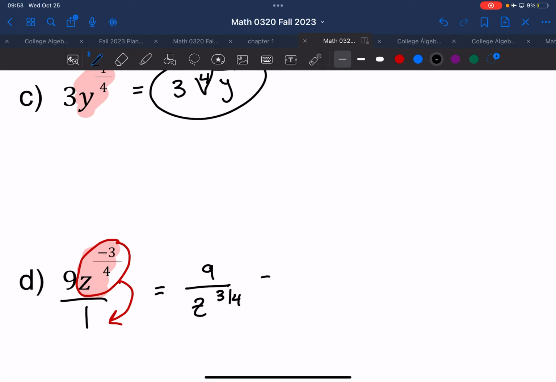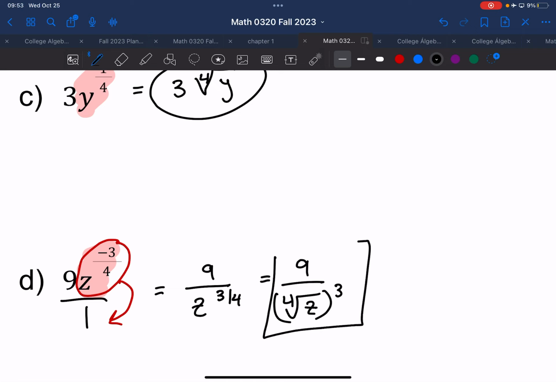Okay. How would we write z to the 3/4? Good, 4th root of z, and then all of this cubed. Okay, 4th root of z cubed, yep. And then that's our answer because we can't simplify any further.